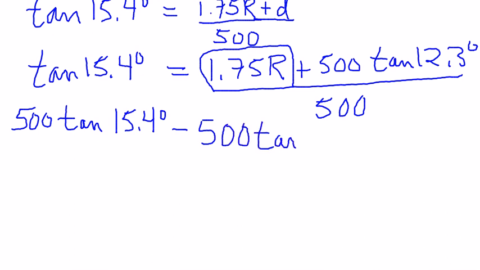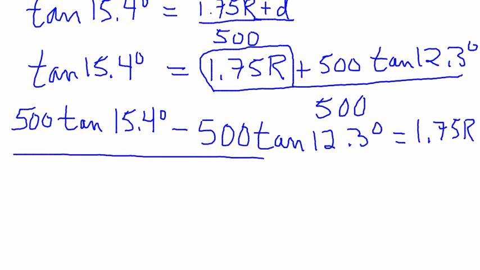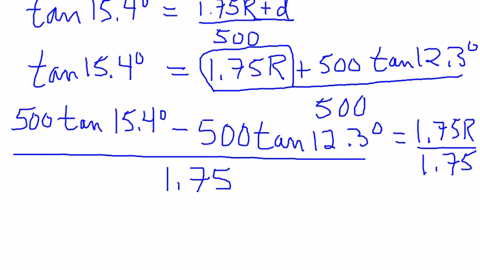So I'll have minus 500 tangent 12.3 degrees equals 1.75 r. And now if I divide both sides by the 1.75, I will get r.